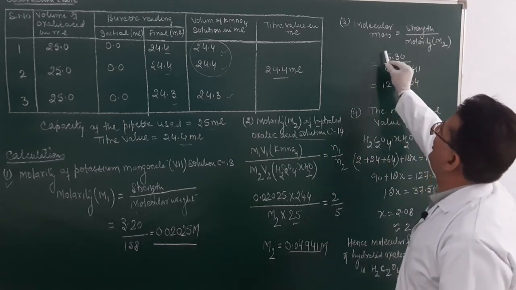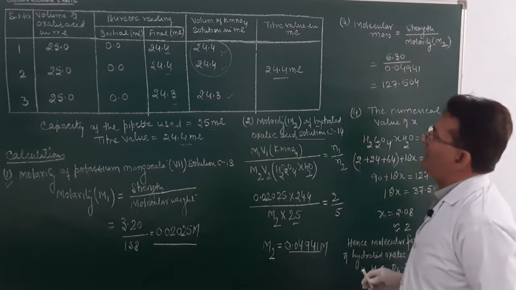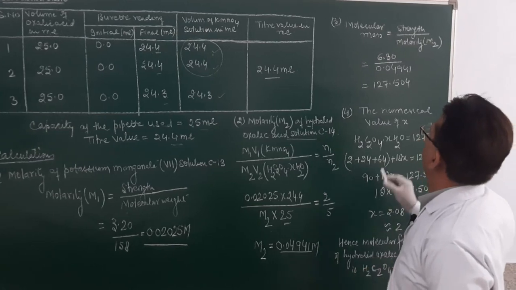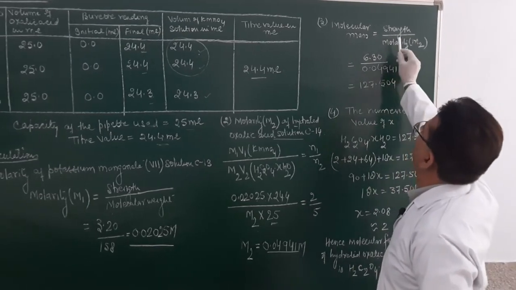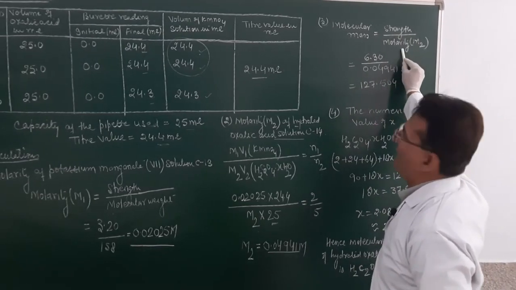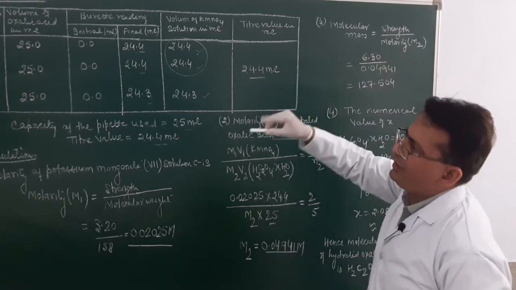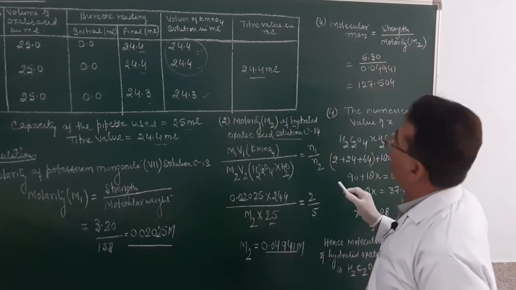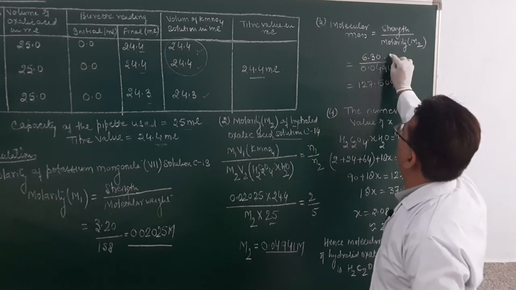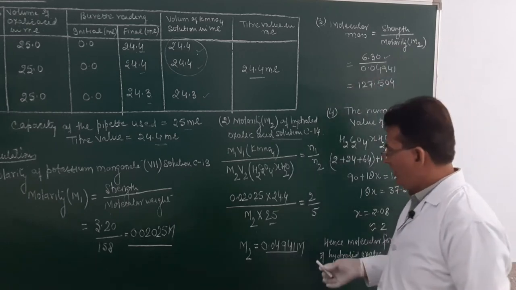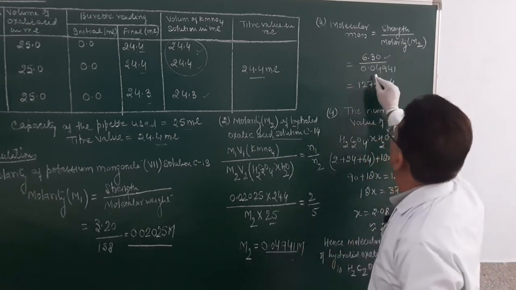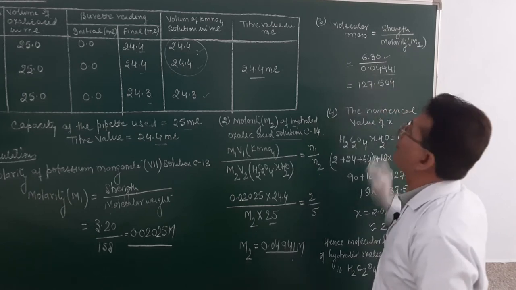Now the third part is we have to find out the molecular mass of our oxalic acid. Molecular mass of oxalic acid will be strength of oxalic acid upon molarity. What is the strength? It is given in the question. The strength of oxalic acid is 6.30 gram per liter. And what is the molarity of oxalic acid obtained? 0.04941.